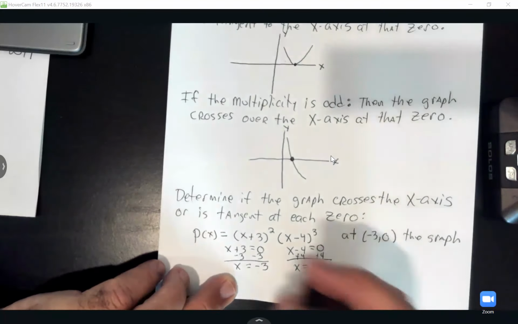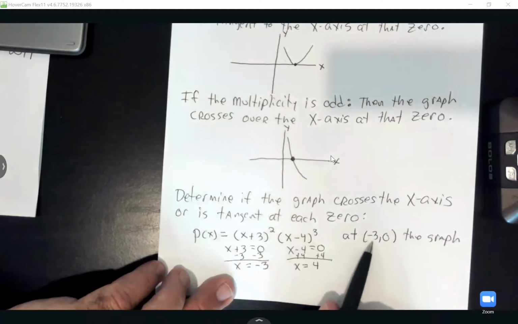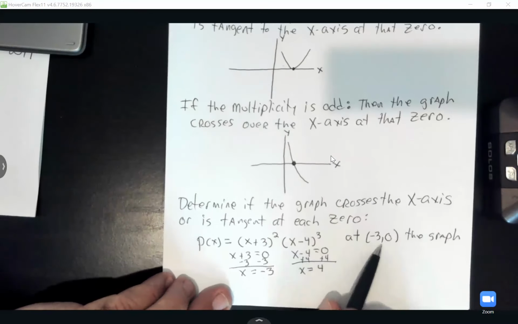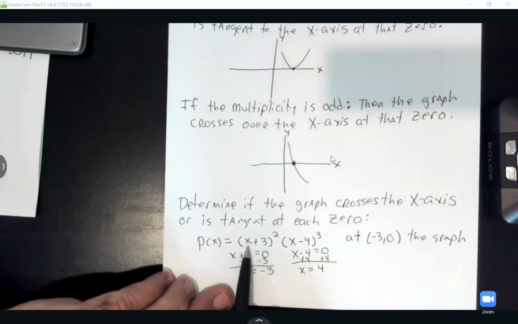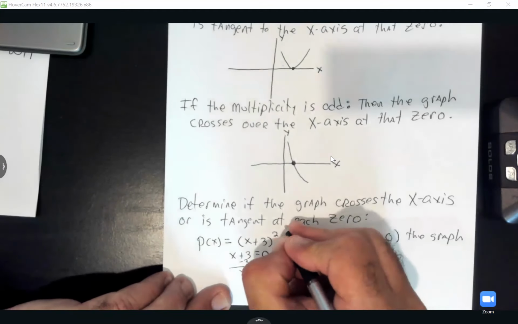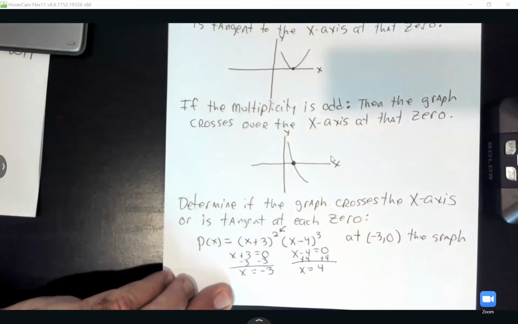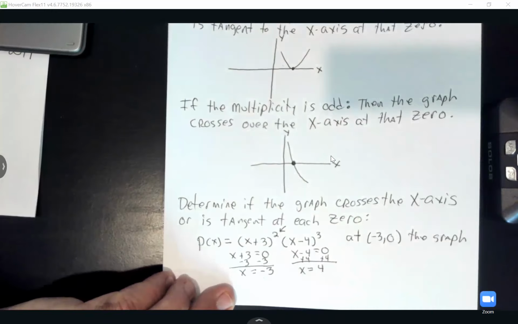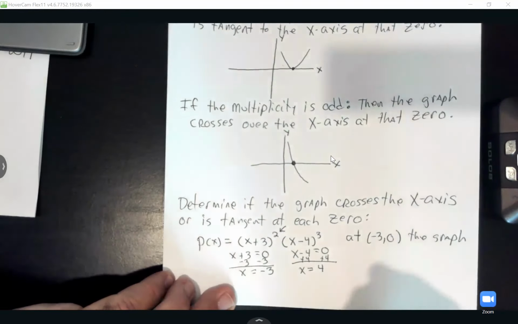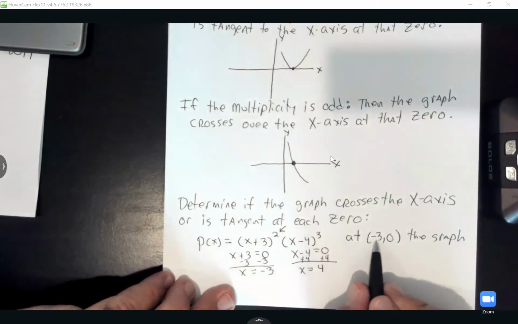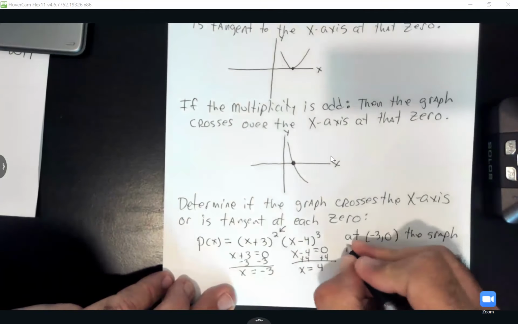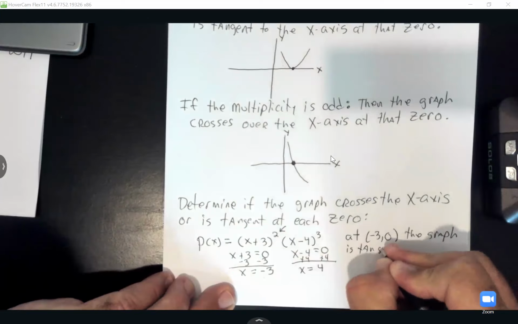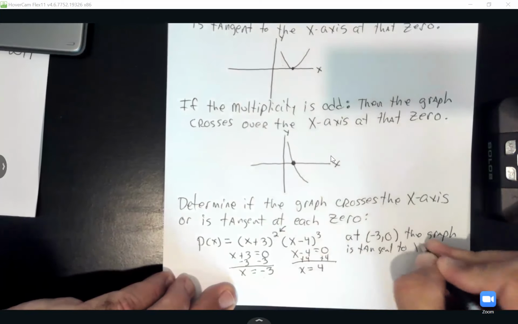Since this was -3, 0, that 0 came from the first factor, which was x plus 3 to the 2nd. And I'm looking at that exponent for the multiplicity. So that's an even multiplicity, so it's going to be tangent. There you go. So at -3, 0, the graph is tangent to the x-axis.